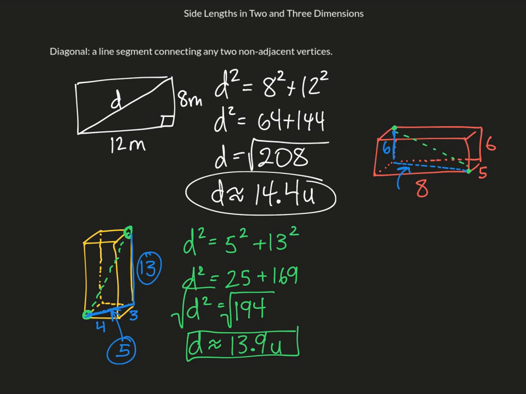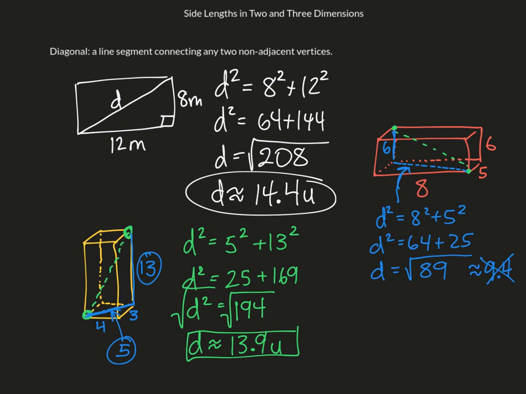This one is going to be 8 squared plus 5 squared, 64 plus 25 equals the square root of 89, so 9 point something. But you know what? I don't really need to square root it, although I find it's about 9.4, but I don't want to use this rounded decimal because I'm going to be squaring this again in a minute.